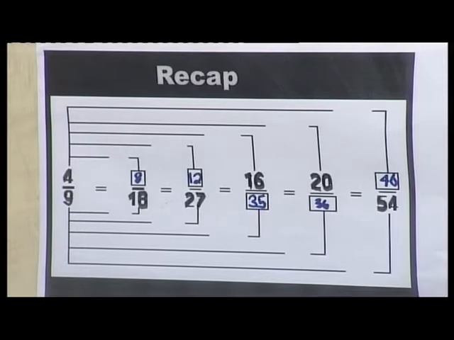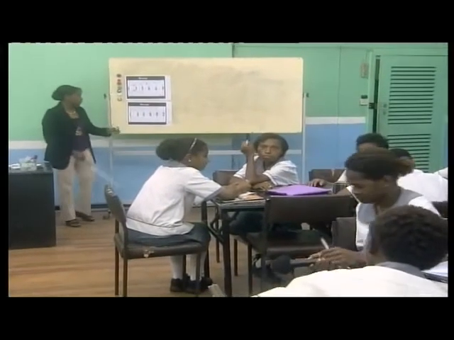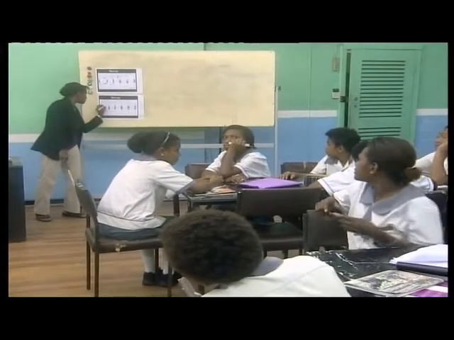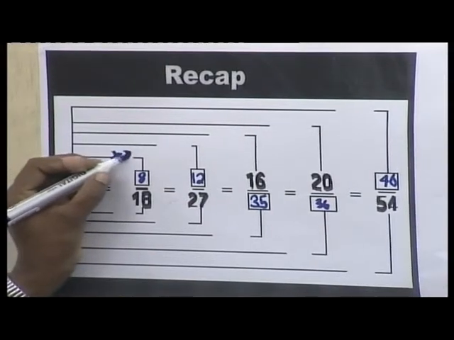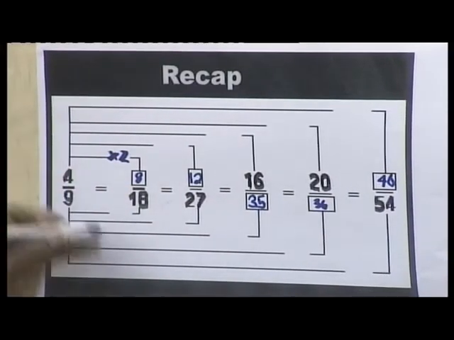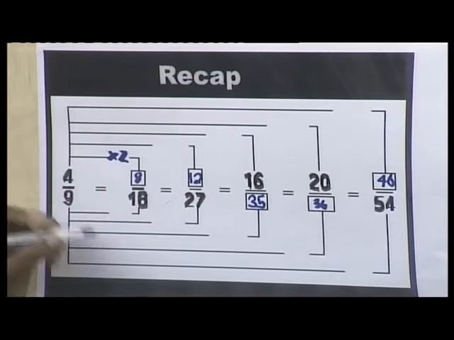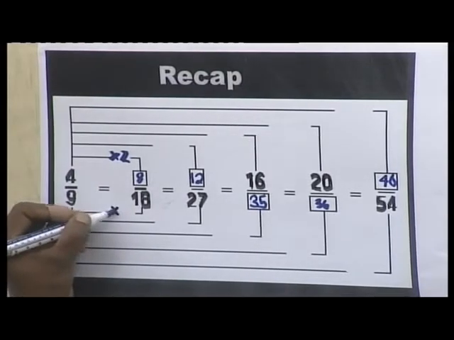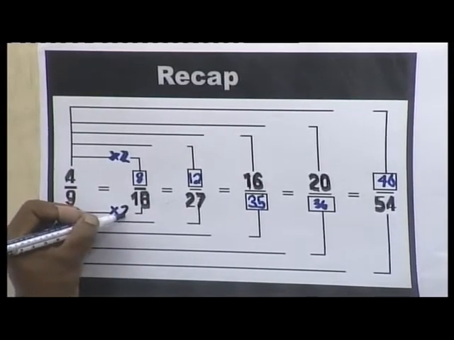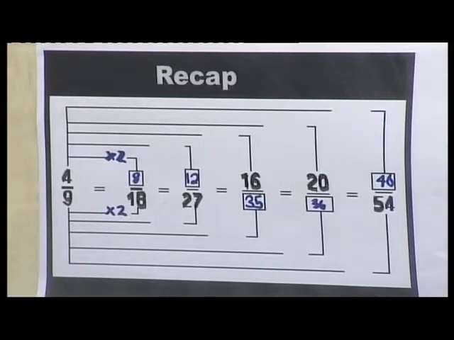Lorraine, just call out your answer. Very good. So 4 times 2 is equal to 8. The same number we used at the top must also be used at the bottom. Let's move on to the second equivalent fraction, 12/27.